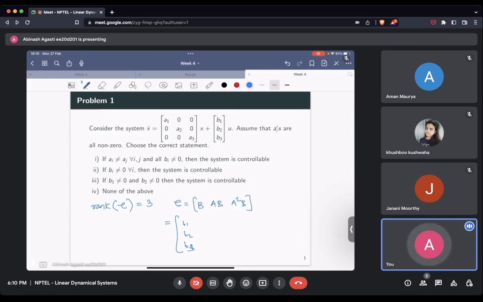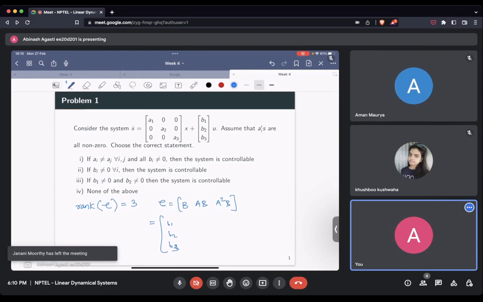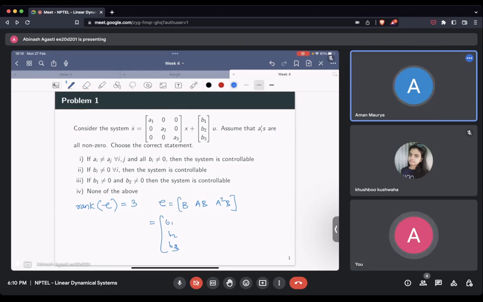Okay, so whenever ready, tell me what the controllability matrix is. Sir, I solved this by assuming some values in place of a1, a2, a3, like a1 equal to 1, a2 equal to a3 equal to 3, and b1 1, b2 1, b3 2, like that.